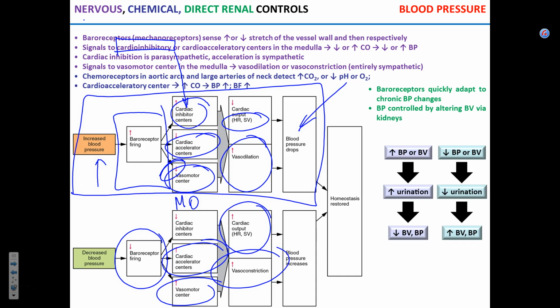Increased cardiac output, together with the vasoconstriction, restores the blood pressure. Does that make sense? Now, if you think about it, your blood pressure kind of fluctuates. Teeter-totter idea, okay?